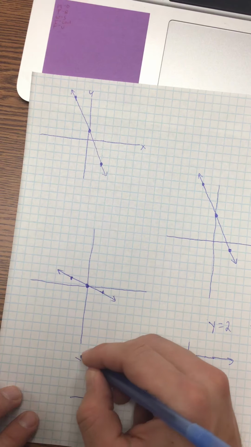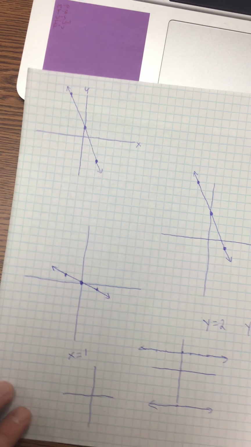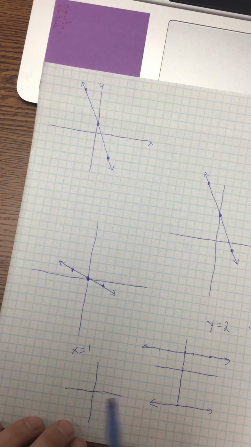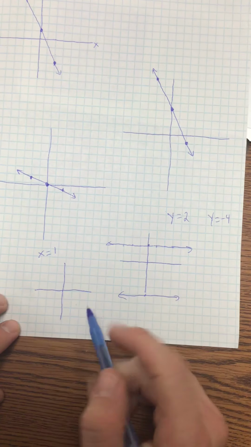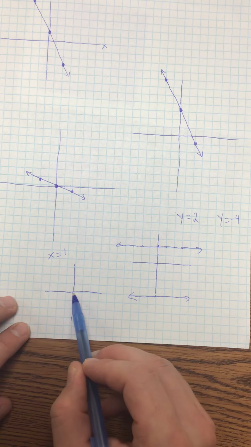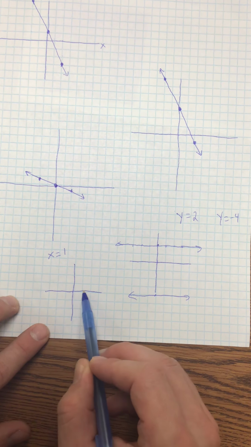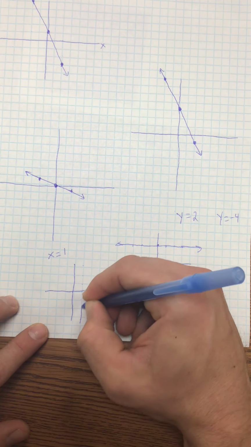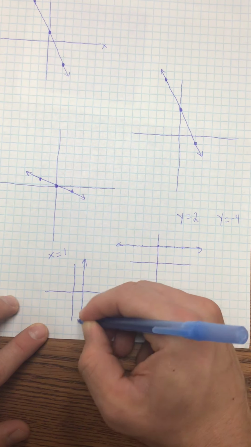Now on the contrary, if it was just x equals 1, here's our x-axis, right? So we would start at our origin again. Okay, if x equals 1, we would start at our origin, and where x is 1, it's right here. So where x is 1 on all the points, it's a vertical line where x is 1.